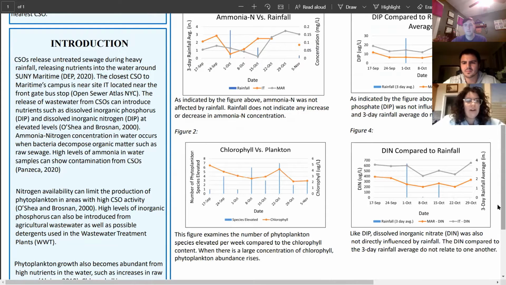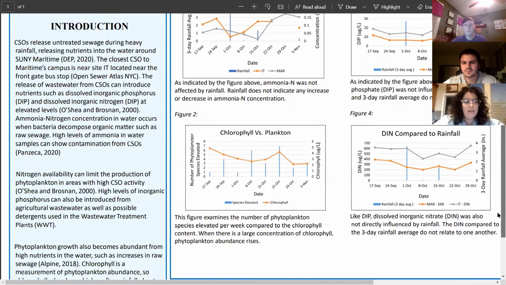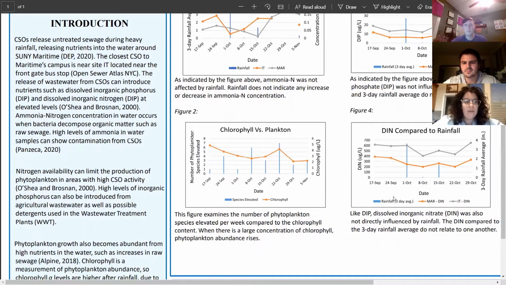CSOs are from the Department of Environmental Protection. They release raw water from the wastewater treatment plants and can introduce inorganic nutrients such as phosphorus and nitrogen. We call those DIP and DIN, for dissolved inorganic phosphorus and dissolved inorganic nitrogen.